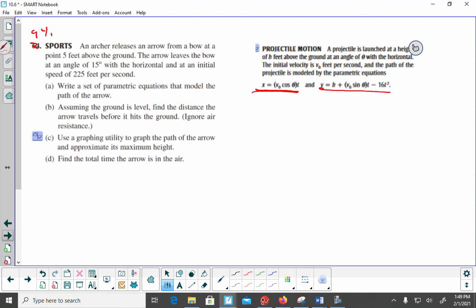This gives me my vertical distance, or my height, of an object. In this case, the t stands for time, or how long that object is in the air. V sub 0 is the initial velocity or speed, and this h here is the initial height.